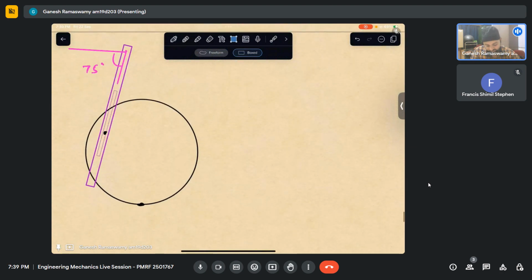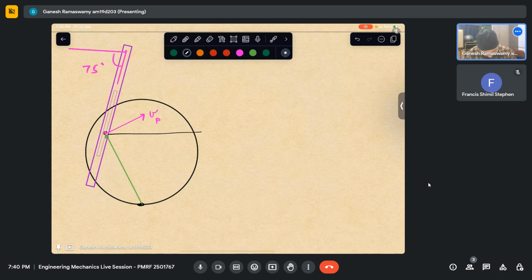Now from this figure, I can see that if this is my ICR, this is my position vector, then naturally my velocity will be like that. This is the absolute velocity of point P, of that pin P. So if I draw a line like that.